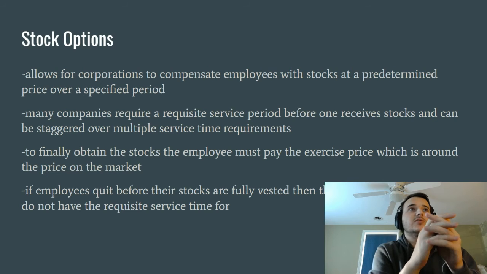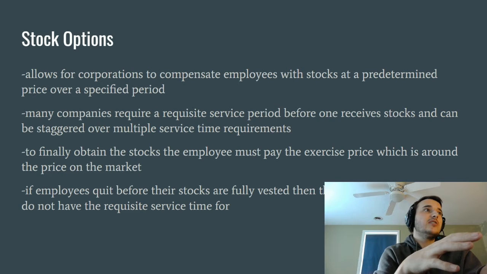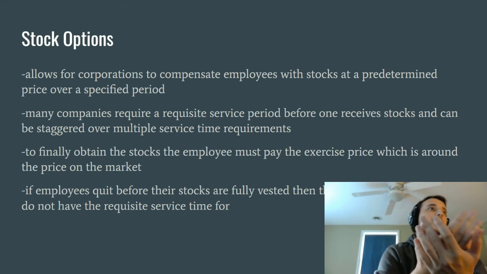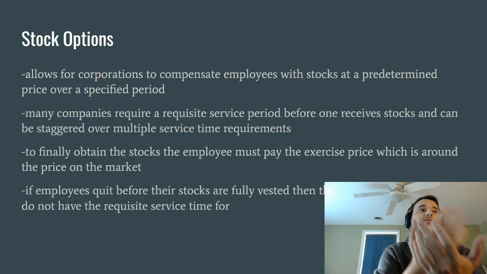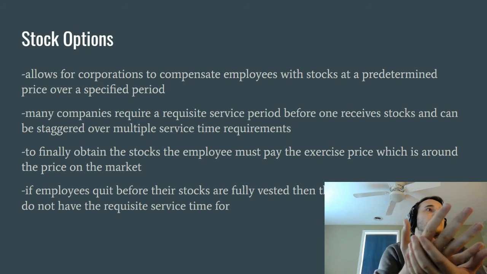After this requisite service period, you can buy those stocks as long as you pay the exercise price, which will be around the market price when the contract is made. So if the price of the stock has gone up since you made your contract, then you'll be paying under market value for the stock, and this is why it can be very favorable for employees to have stock options.